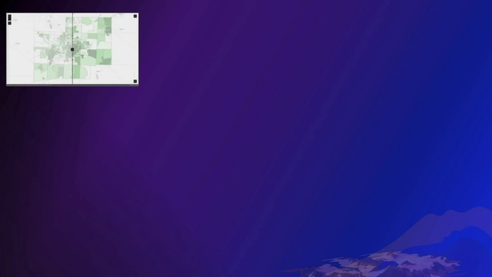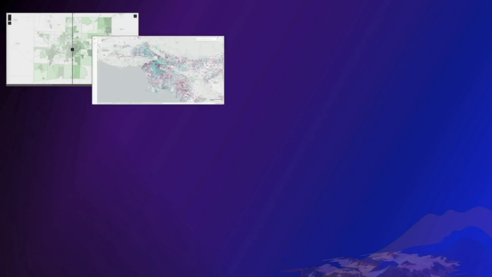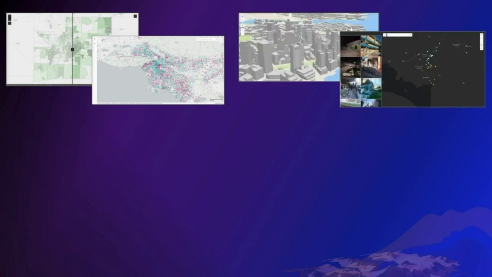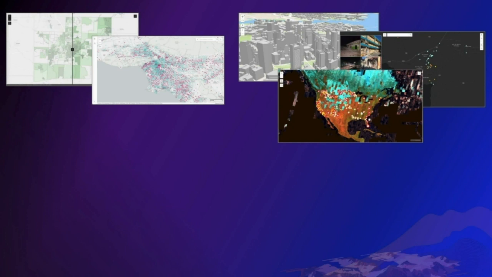Instant apps include templates that support maps, scenes, and groups. Templates like Media Map and Minimalist give you an opportunity to showcase your map in a simplified layout, while 3D Viewer, Attachment Viewer, and Imagery Viewer provide tools needed to interact with scenes, attachments, and image services respectively.